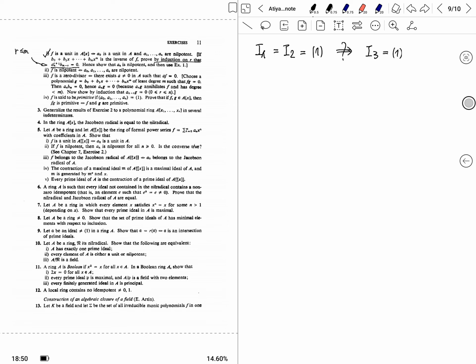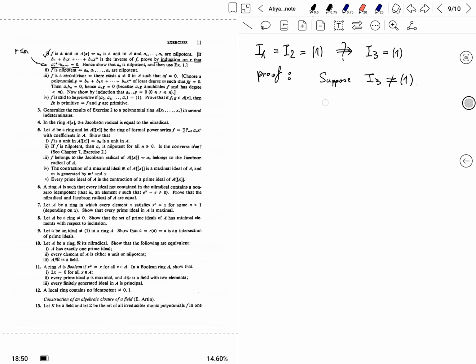Right. How do we do that? Proof of this would be, suppose this is not the identity ideal.